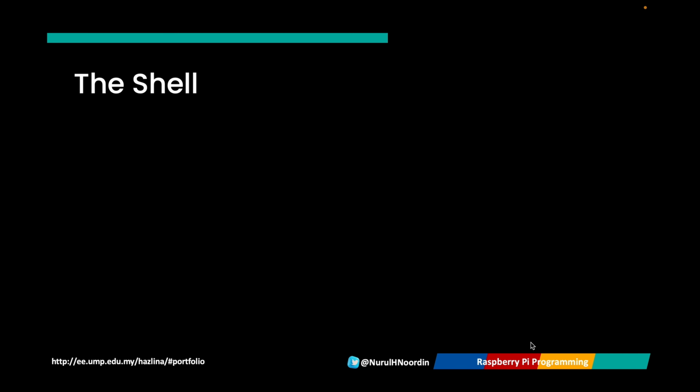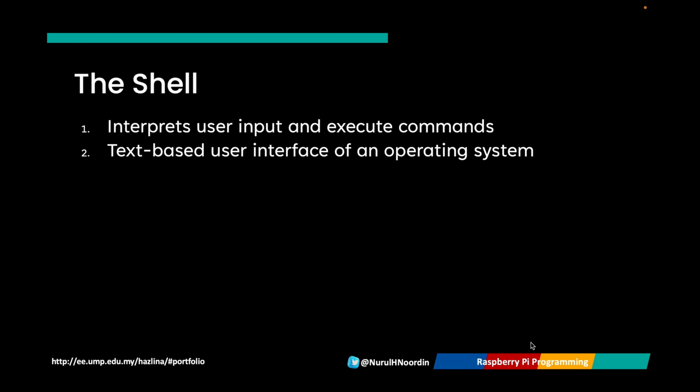The shell is a crucial component of the Linux operating system. It serves as an interpreter, processing user inputs and executing commands. Unlike graphical interfaces, the shell provides a text-based user interface, allowing users to interact directly with the operating system. In the Raspberry Pi OS, also known as Raspbian, the default shell is Bash.